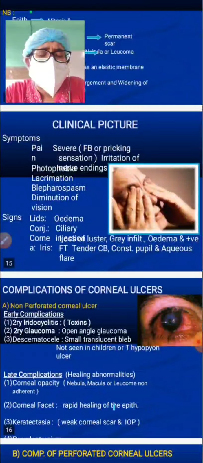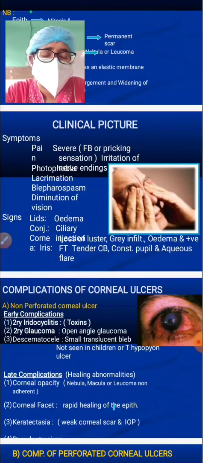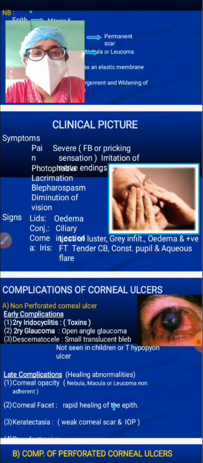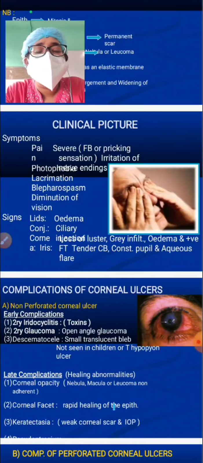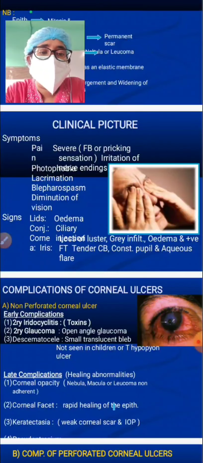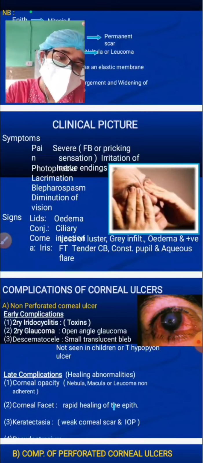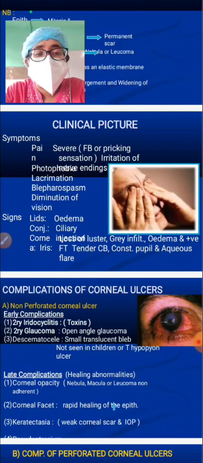now, what are the symptoms of the corneal ulcer? It's a lot of pain. Corneal ulcer is a very painful eye condition. Remember, with corneal ulceration there will always be pain.